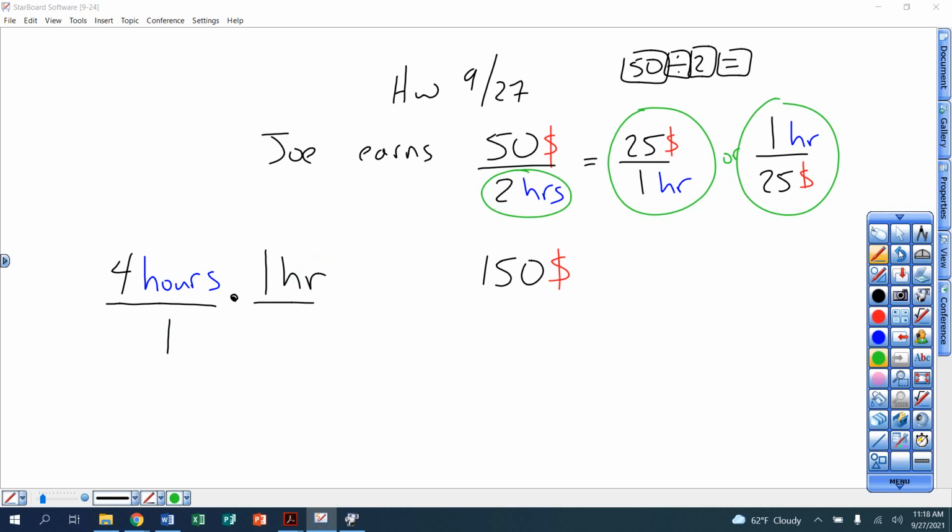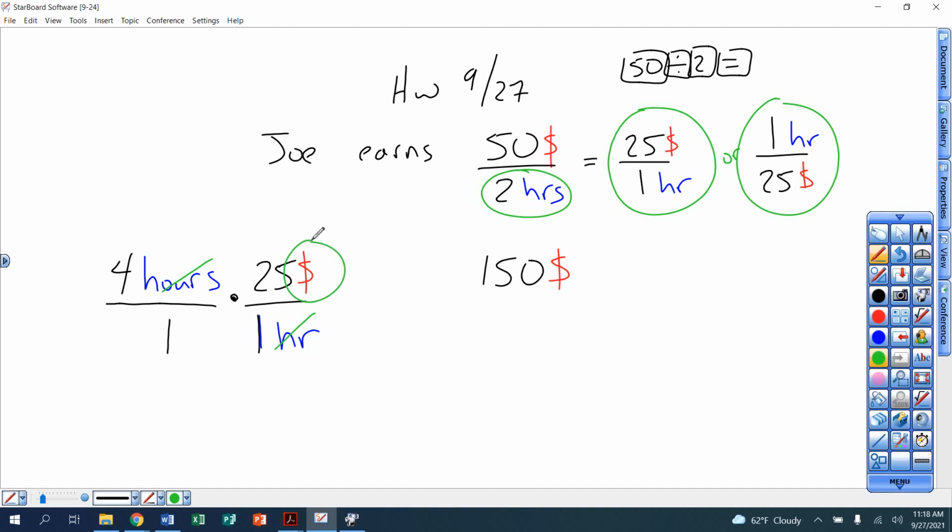Use the other flip-flop. Use the $25 for every 1 hour. And the reason we use this one is that 1 hour, that unit will cancel the other hour unit that's diagonal of it and leave me only the money unit.